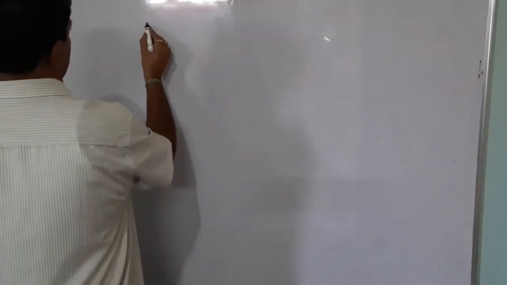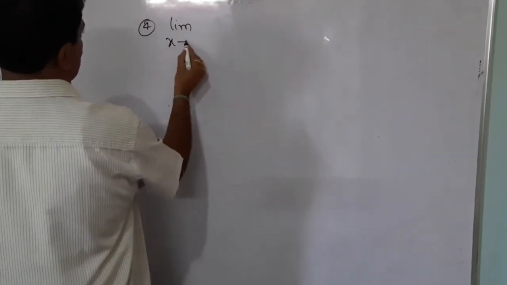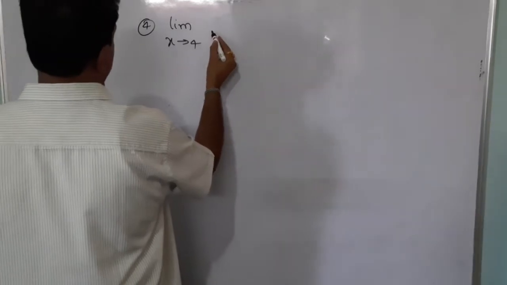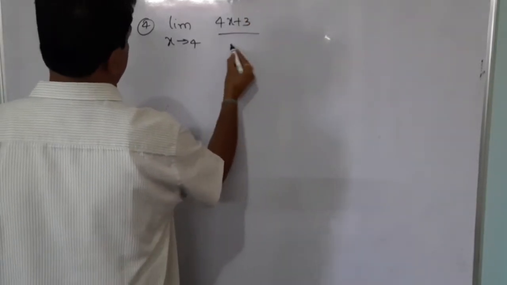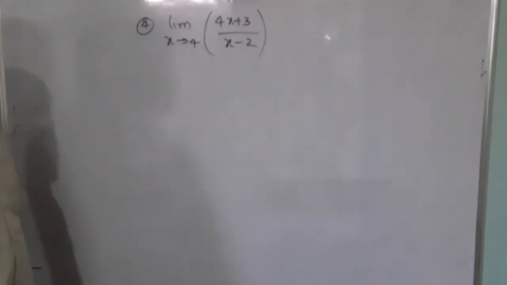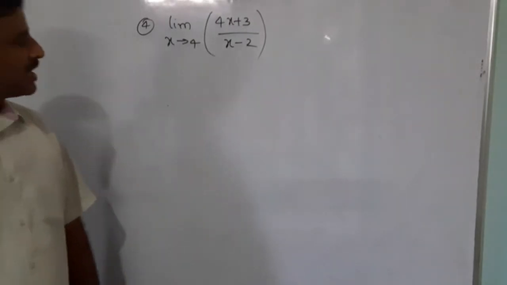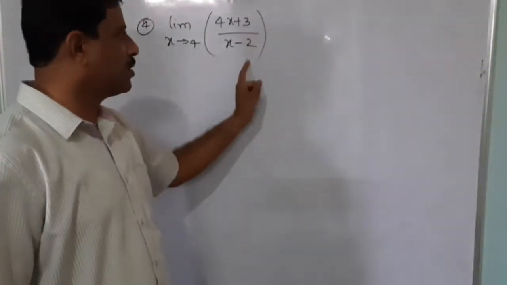So you see your problem number 4. Limit x tends to 4, 4x plus 3 divided by x minus 2. Okay, dear students, here also you apply direct method. Indeterminate form baralla, but here given numerator and denominator.